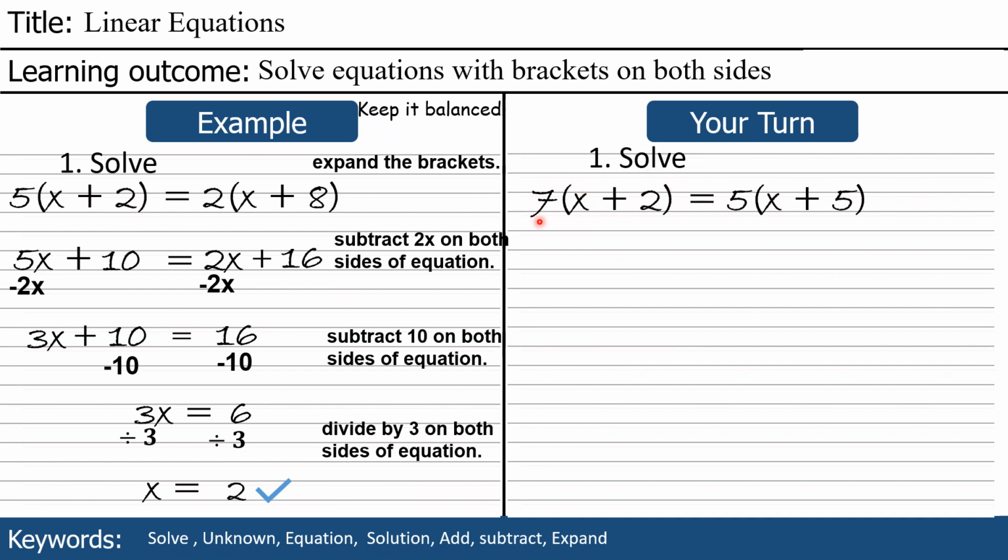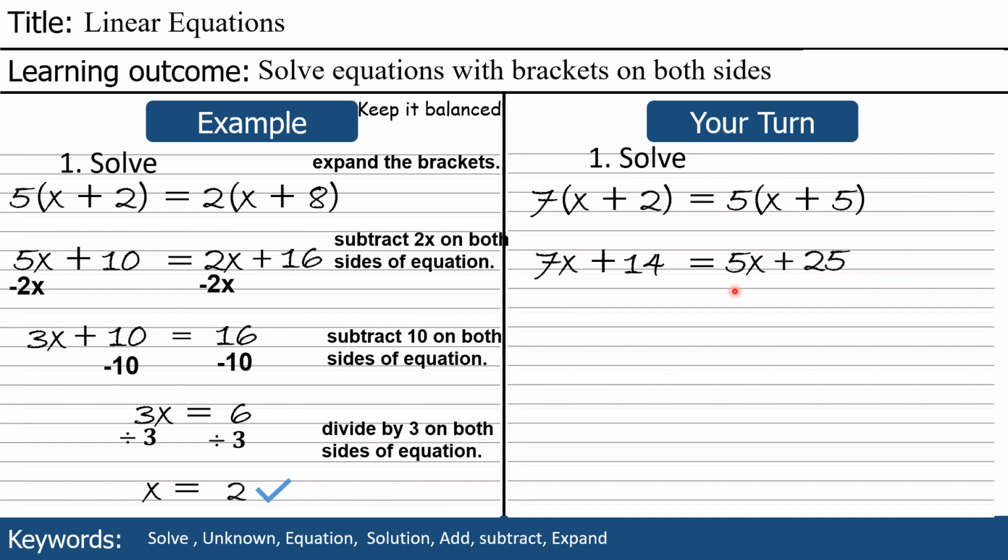So 7 multiplied by x will give you 7x, and then 7 multiplied by 2 will give you 14. And that is equal to 5 multiplied by x is 5x, and then 5 multiplied by 5 will give you 25.